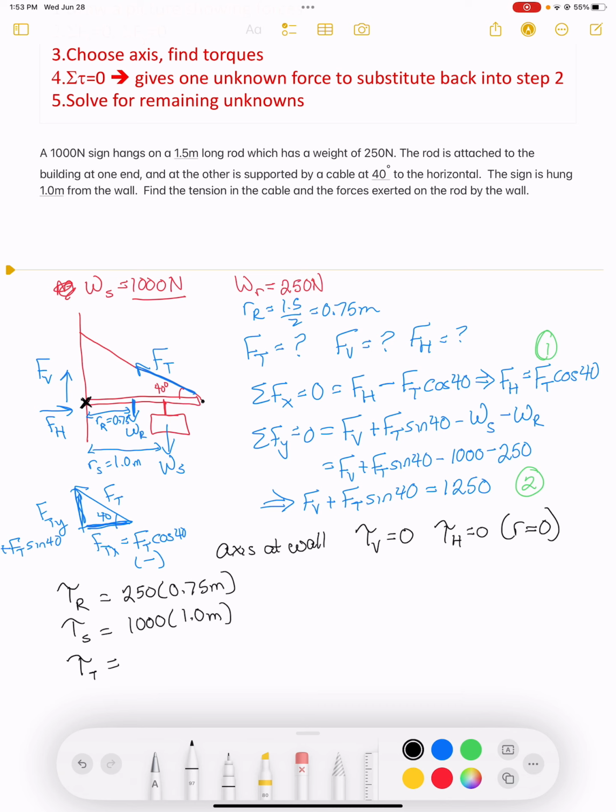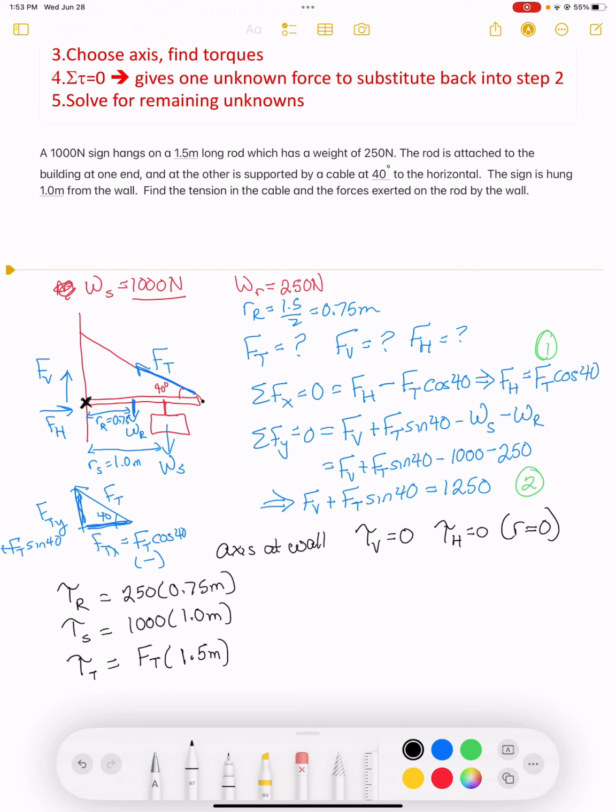And the torque of the tension is going to be the force of tension, which I don't know, times the distance that the string is attached from the wall, and we're told that's the whole length of the rod, 1.5 meters.